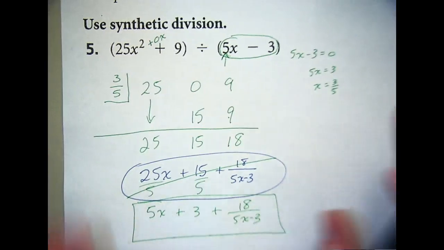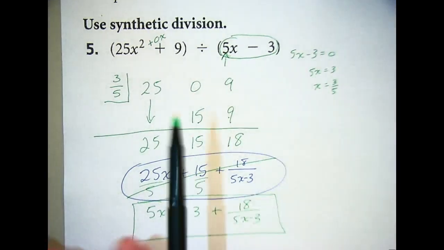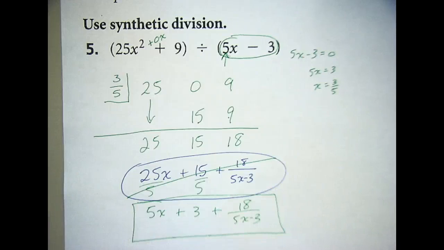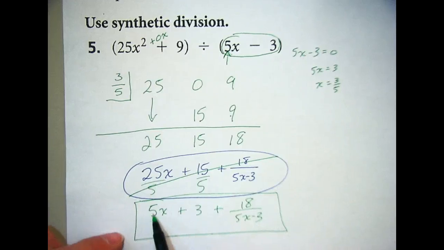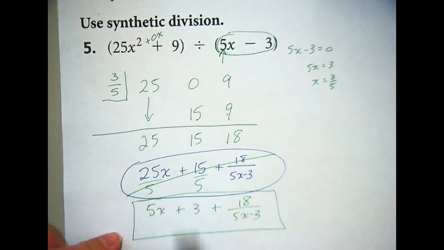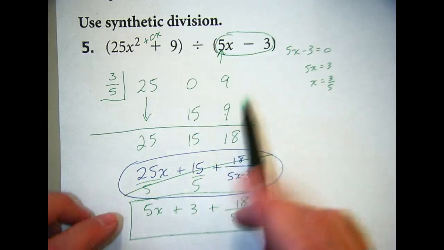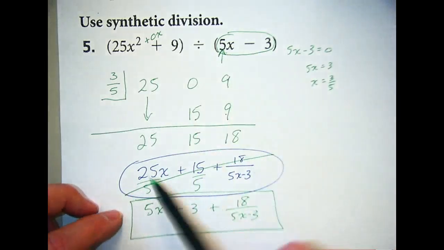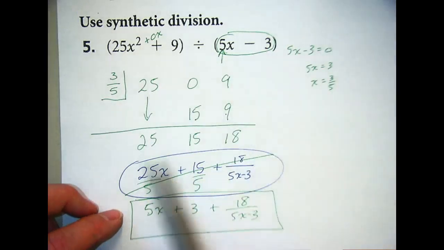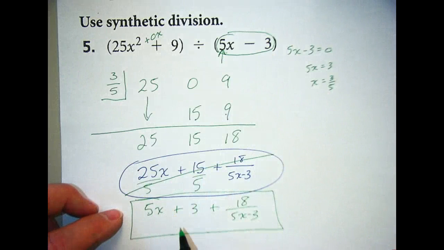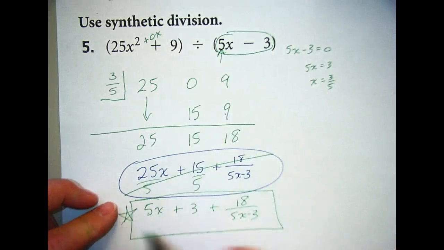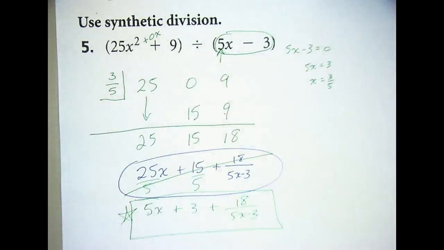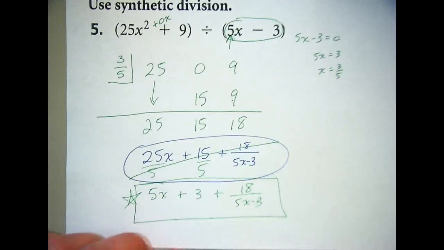But I will tell you, students that have tried to do this on their tests, as they progress, a lot of times forget that 5. They forget to divide out that last piece, and they don't go back and check it like we did where we said, well, hey, is there some kind of issue here? So this is your actual solution here. You have to divide by that leading coefficient there. Questions?